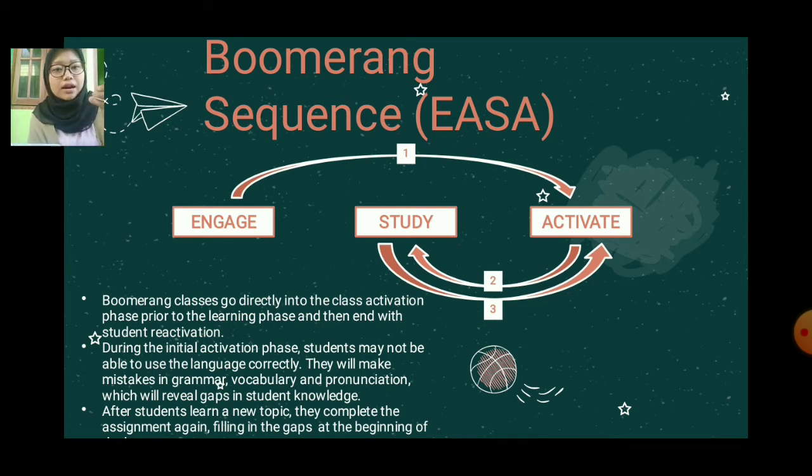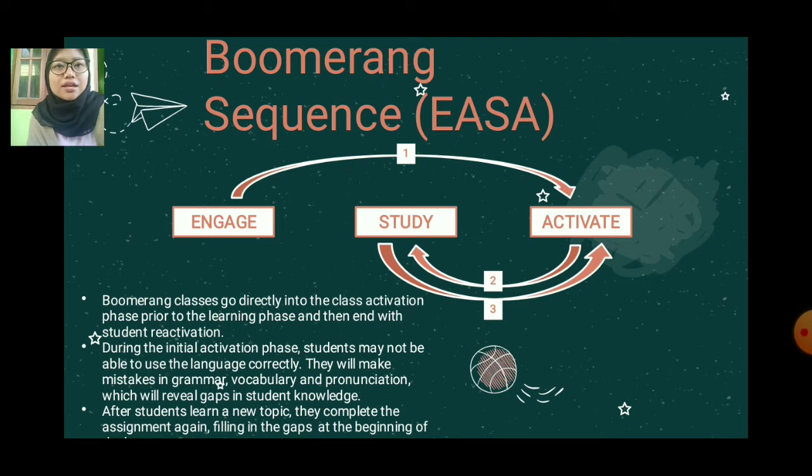Setelah dibenarkan lalu siswa praktek kembali, belajar dari kesalahan yang telah dibenarkan tadi. After students learn a new topic, they complete the assignment again, filling the gaps at the beginning of the lesson. Nah, kembali after activate to study, kembali lagi ke activate.